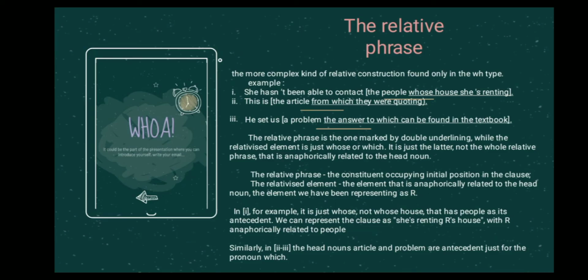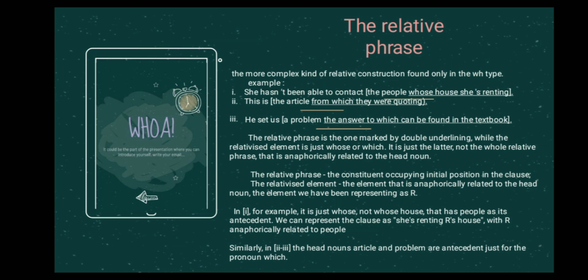And the last is the relative phrase, the more complex kind of relative construction found only in the WH type. For example, the first: she hasn't been able to contact the people whose house she is renting. The second: this is the article from which they were quoting. The third: he set us a problem the answer to which can be found in the textbook.